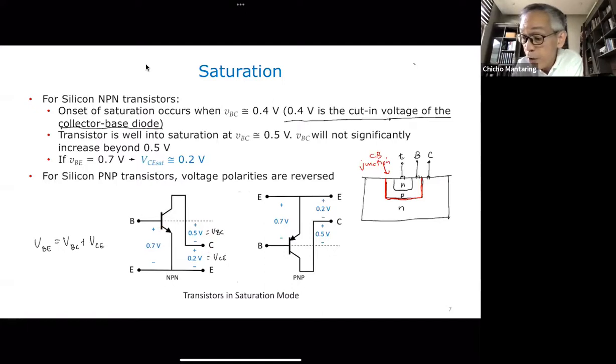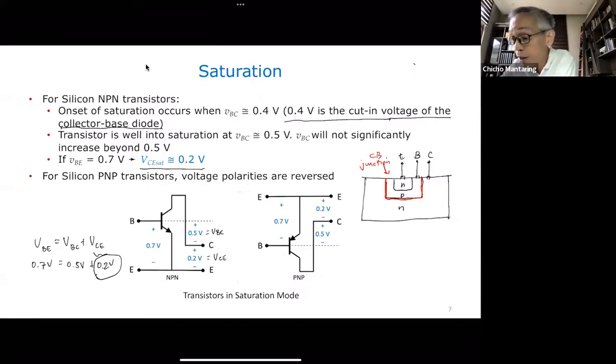If we know that VBE is about 0.7, and we know that VBC is, let's say, 0.5 here. Okay. Then that means VCE will be 0.2 volts. And we call that VCE SAT.